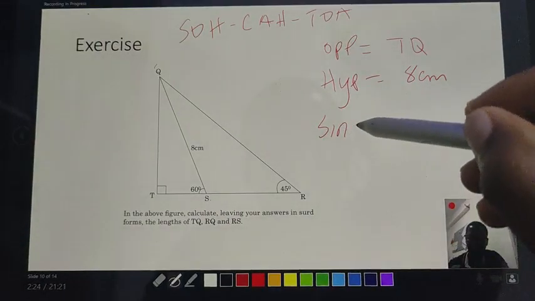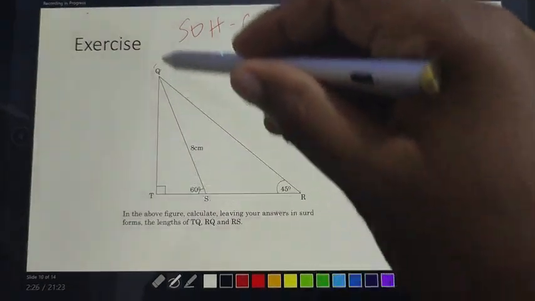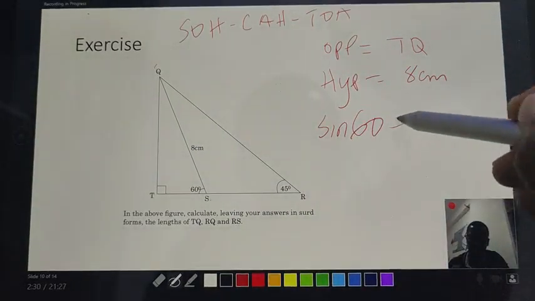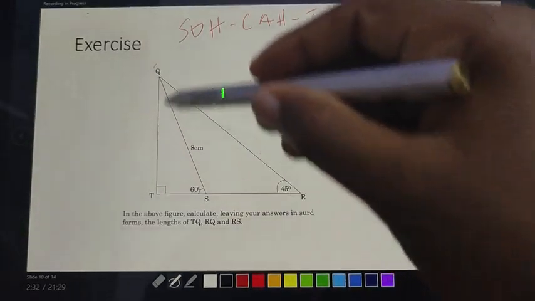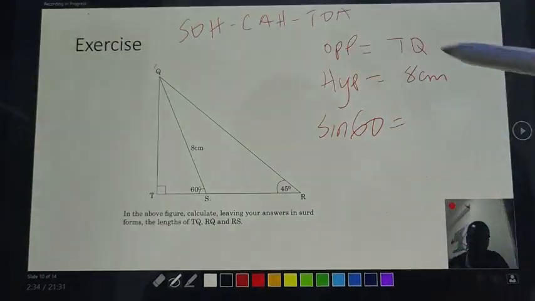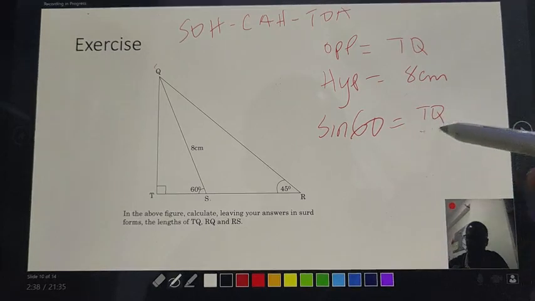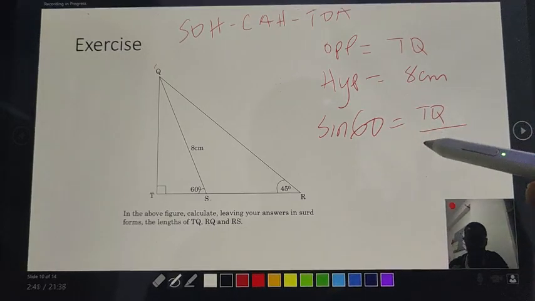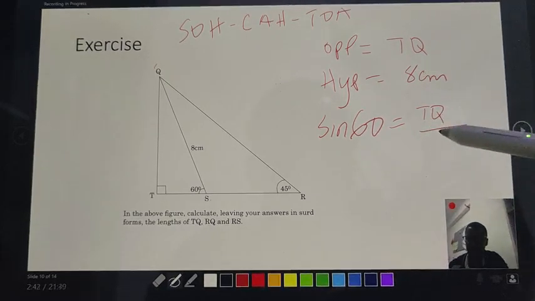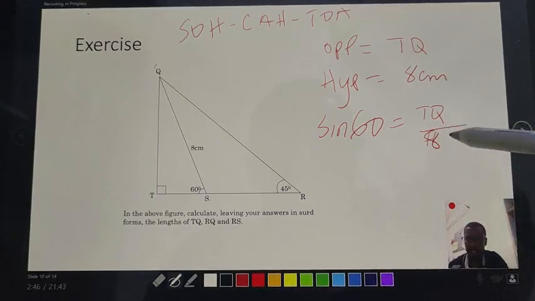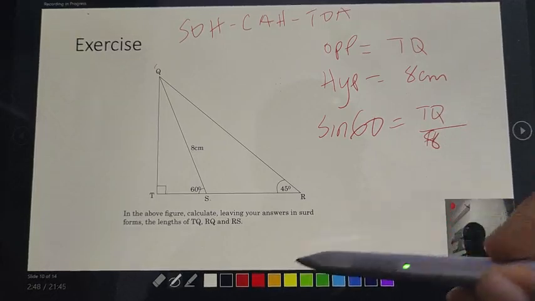So, considering TQS, sine 60 will be equal to opposite, which is TQ, over hypotenuse, which is 8 centimeters.